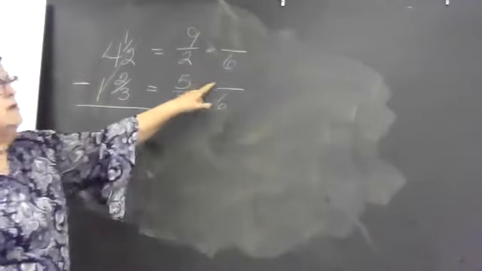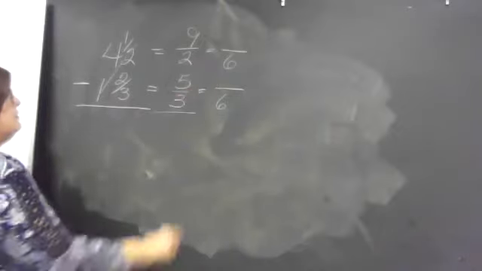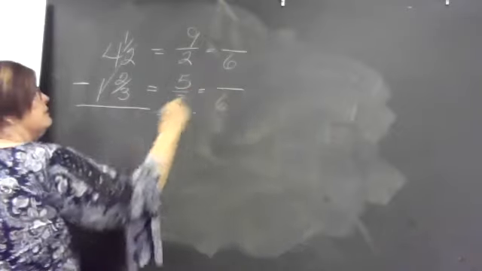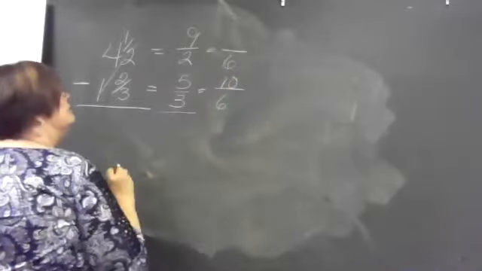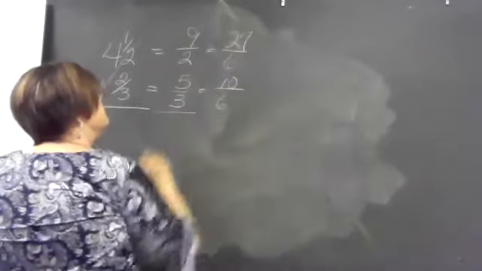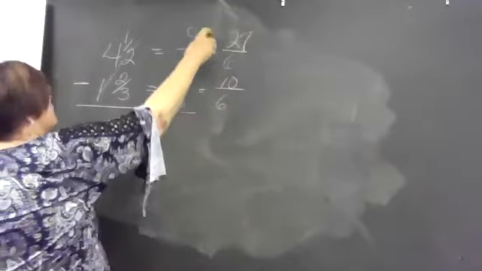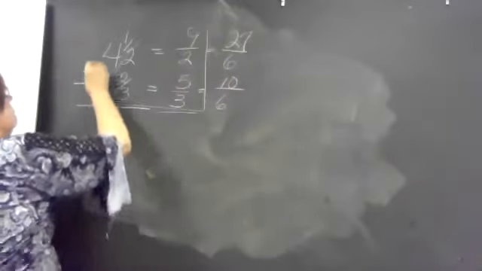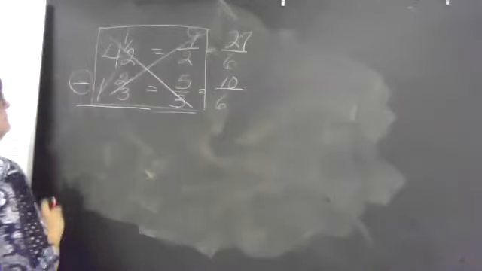So what goes here? What's this numerator? 10. What's this numerator? 27. So now we have common denominators, all the signs are fine. Let's get rid of all of this stuff except the sign.